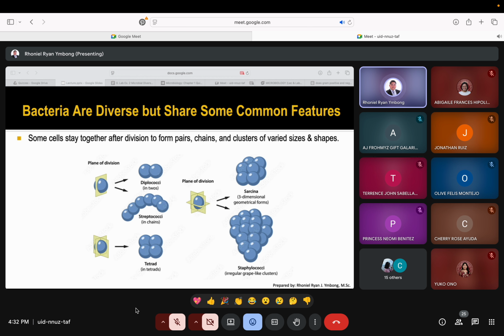Okay, and the arrangement also is basically dependent on the actual shape of your bacterial cells. For example, if you have only one bacterial cell that is spherical, then you call it monococcus. If you have two bacterial cells that are spherical, you have diplococcus, and so on and so forth. So you can also have monobacillus or diplobacillus.